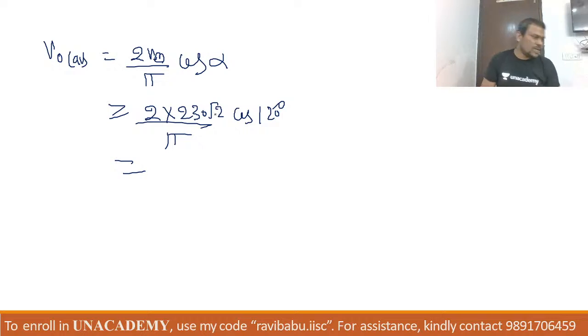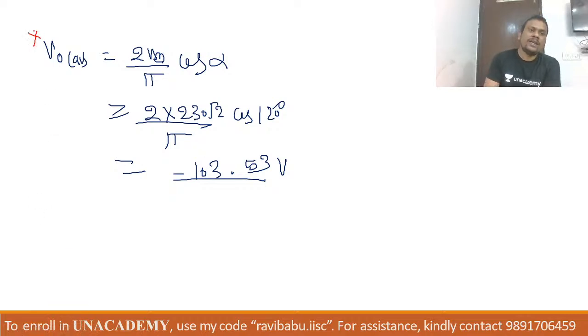Yeah, 2 into 230 root 2 divided by pi into cos 120. It will come beta minus 103.53 volts.